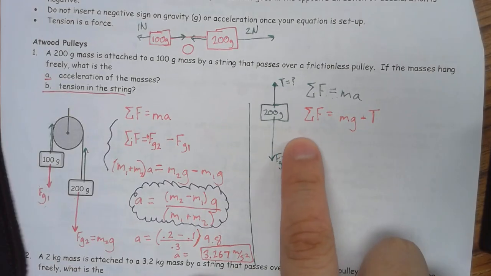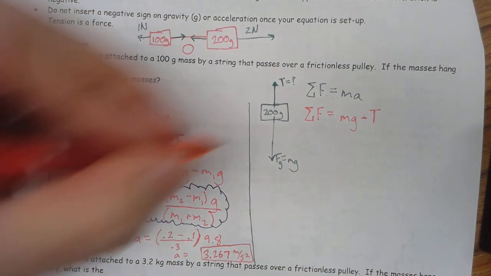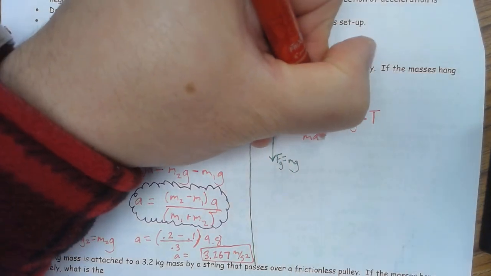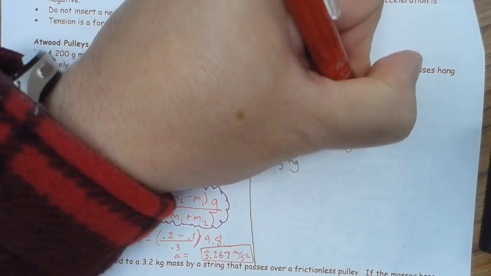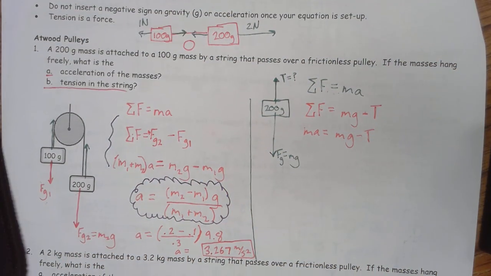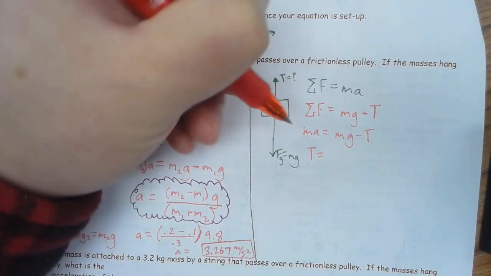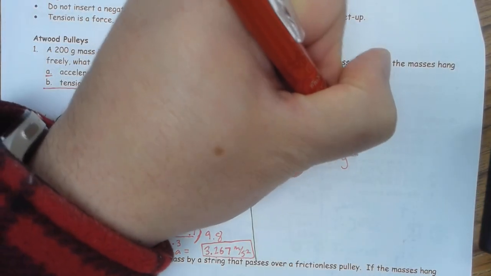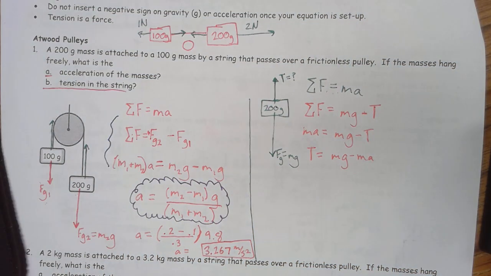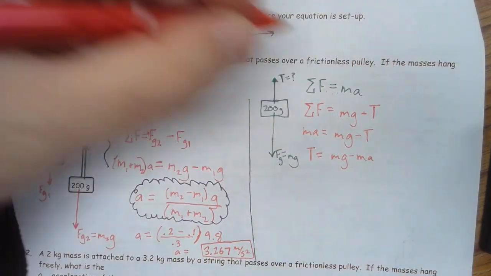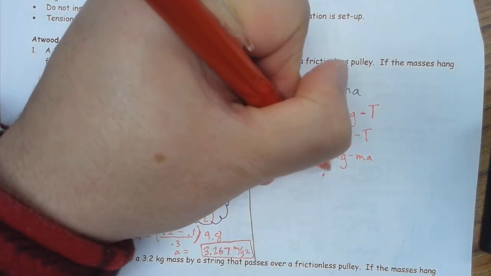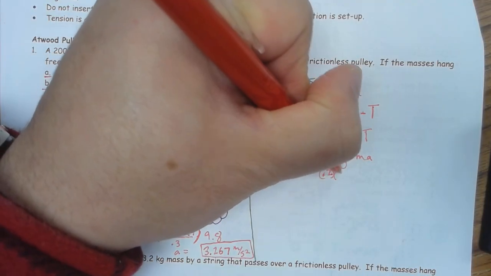You told me F equals ma, and so I can just say ma equals mg minus T. And if I'm solving for T, T equals mg minus ma. The mass is 200 grams, or 0.2. G is 9.8.